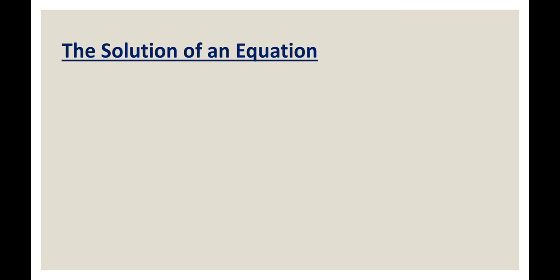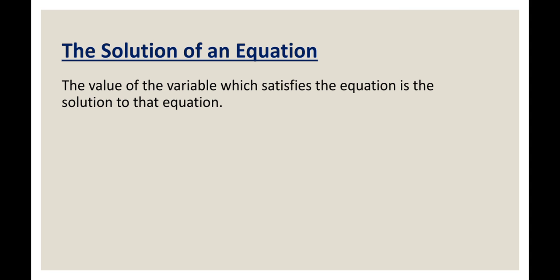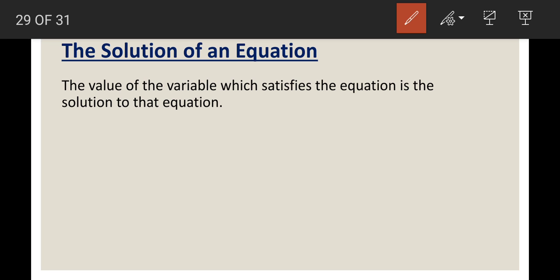Next, move to the solution of an equation, as we have already discussed in our previous slide. So again, the solution of an equation is the value of the variable which satisfies the equation. The value of the variable that satisfies the equation is called the solution of the equation. There is only one solution for a linear equation.